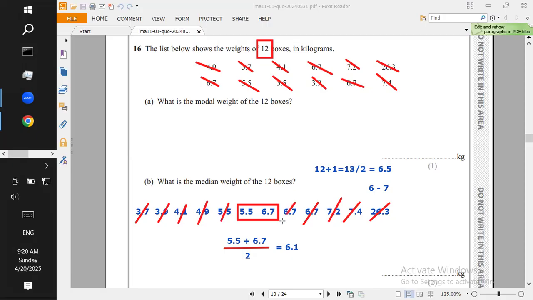And then you'll end up with two numbers. If you end up with one number, the number that you end up with is the median. But if you end up with two numbers like this, it means you have to add them and then divide them by 2. And this is how you find the median from an even number of data. Now let's move on to the next question.